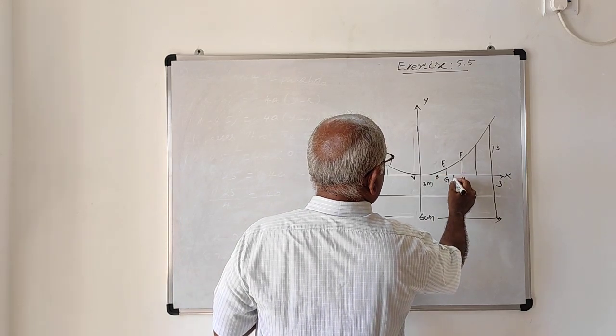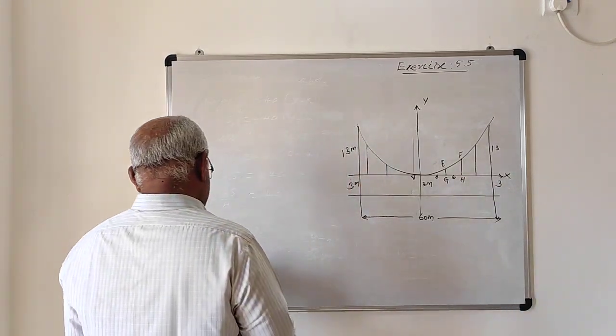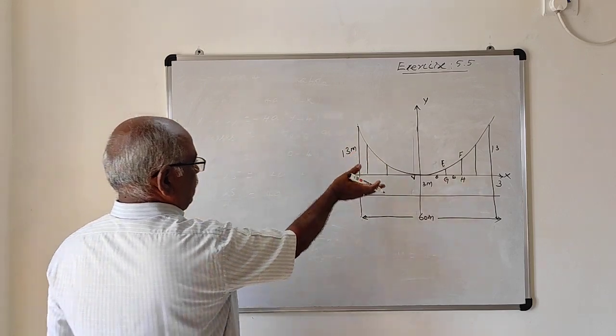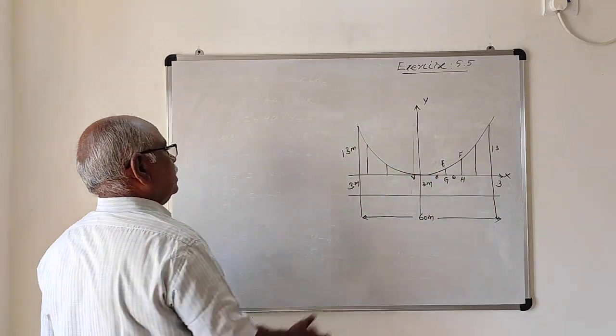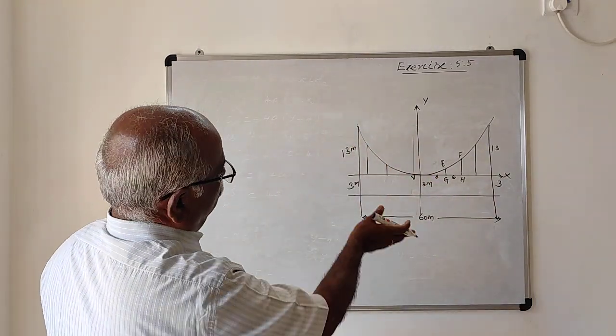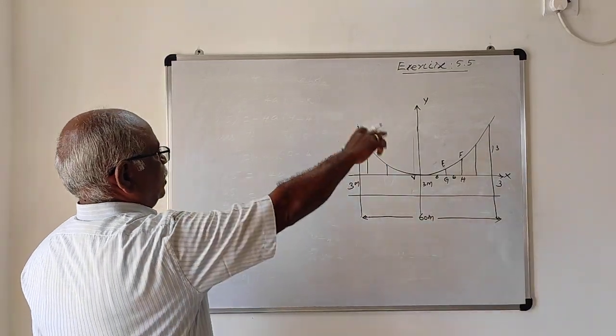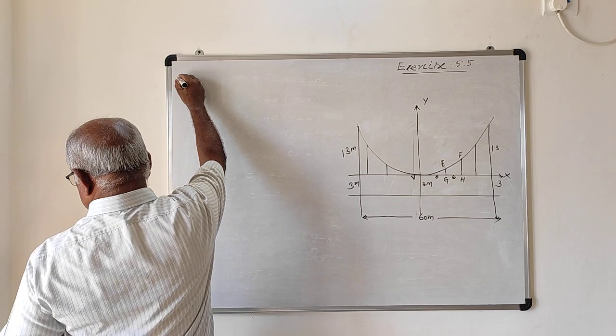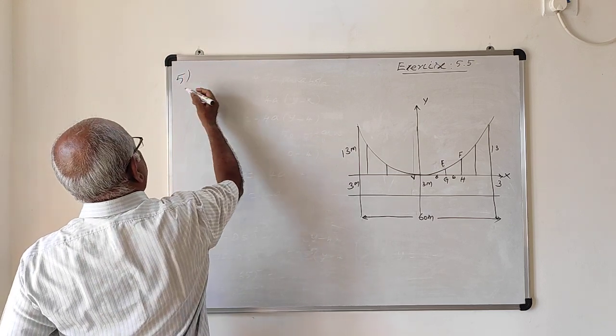Here it is 6 and here it is also 6. Okay. It's also a parabolic cable open upward. Therefore, the equation of the parabola is x square equal to 4ay. The parabola is open upward and symmetric about the y-axis.